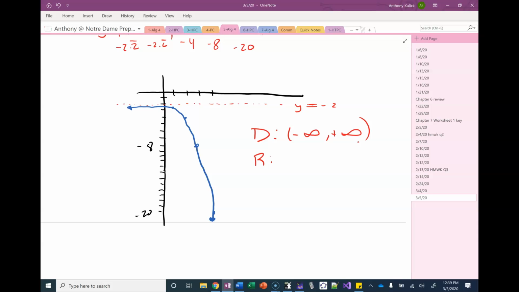And then the range depends on 2 things. It depends on our values for A and our values for K. Since A is negative, I know the range starts at -infinity and then it ends at K. And for exponentials, everything has a parenthesis. No brackets.